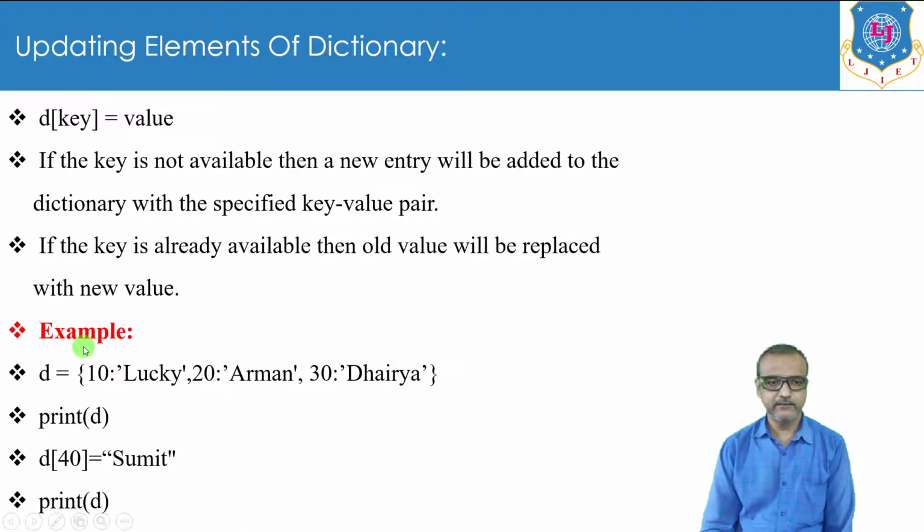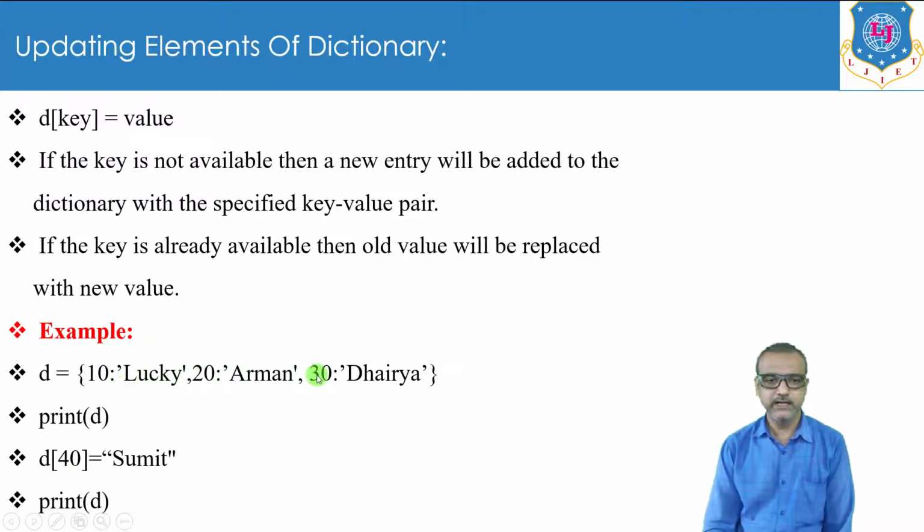Now we will see an example. We have created one dictionary named D, that is this one. Print of D will give us the dictionary. Now D of 40 equals Sumit. So what will it do? It will just assign the value Sumit to key number 40.